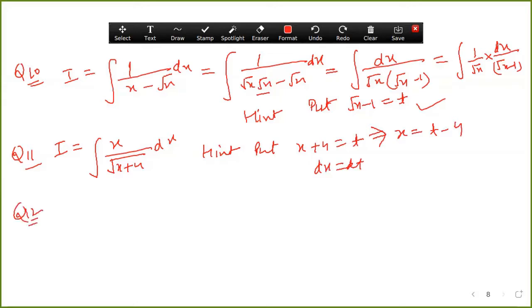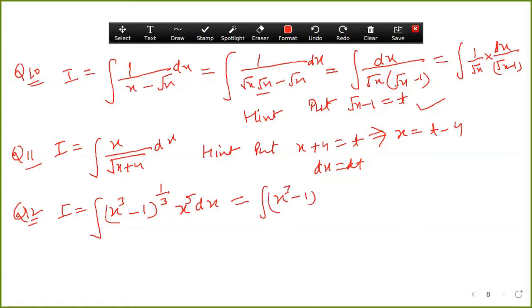Question number 12. Integration of the function x to the power 3 minus 1 whole power 1 by 3, over x to the power 5, dx. Now this is a question where first, I just have to give you a hint. Let's simplify it first.